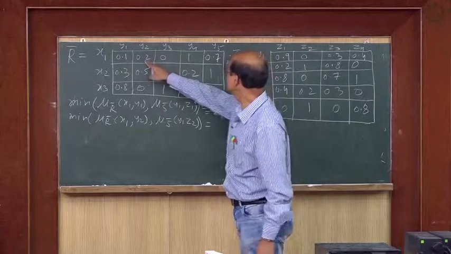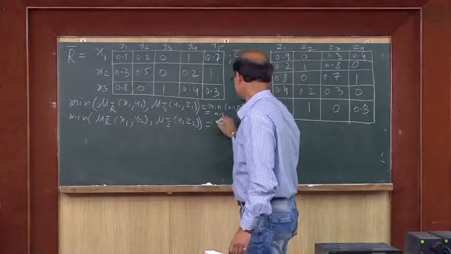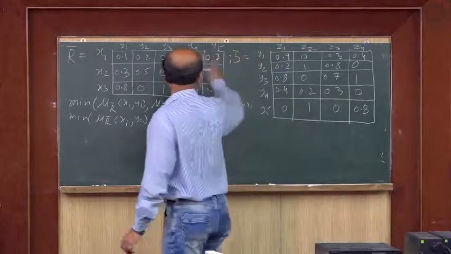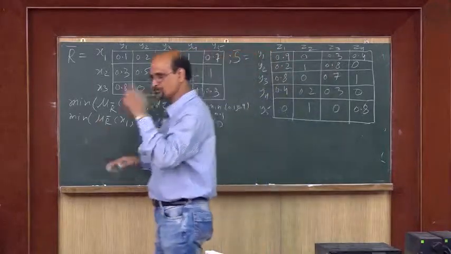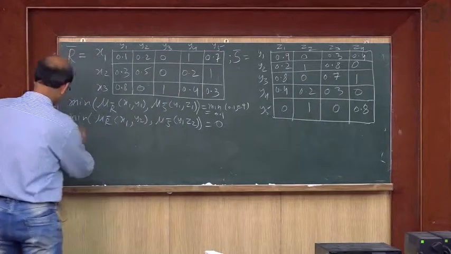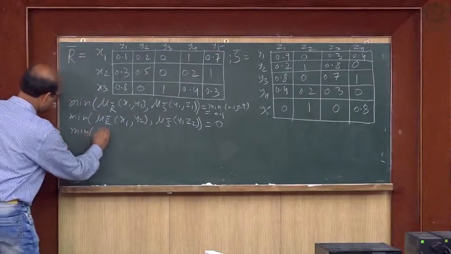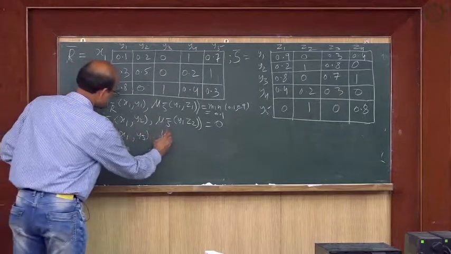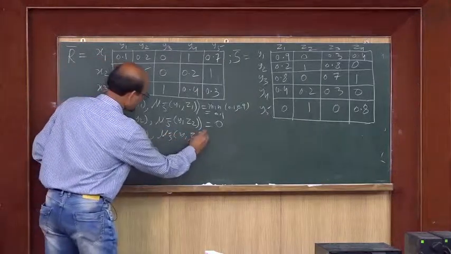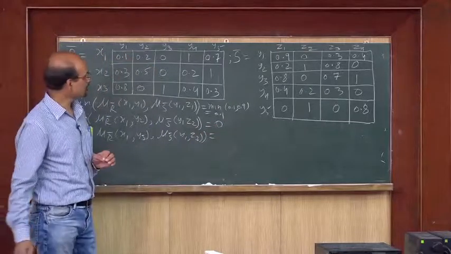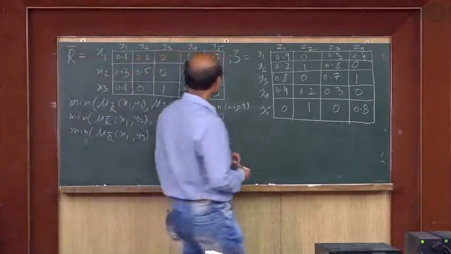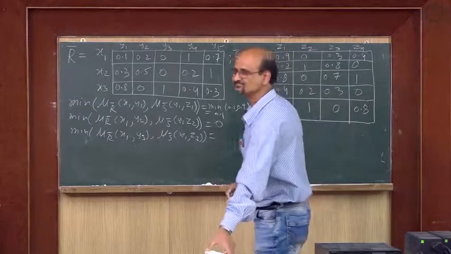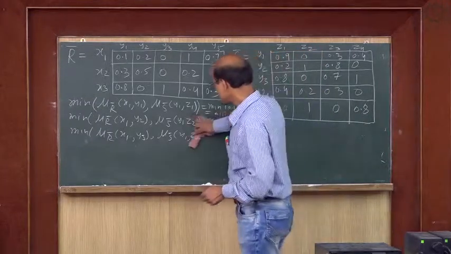So what is that? 0.2 and 0, that is 0. Understanding? Then let me write this row only first, then you will understand what is happening. Minimum of mu R bar x1 y3 and mu S bar y1 z3. Is it okay? But we are doing it wrongly. From here it is wrong.